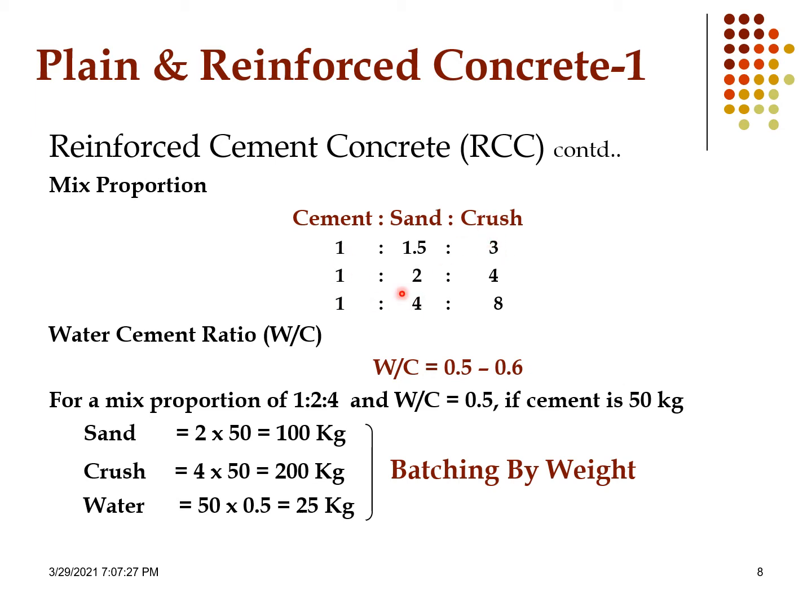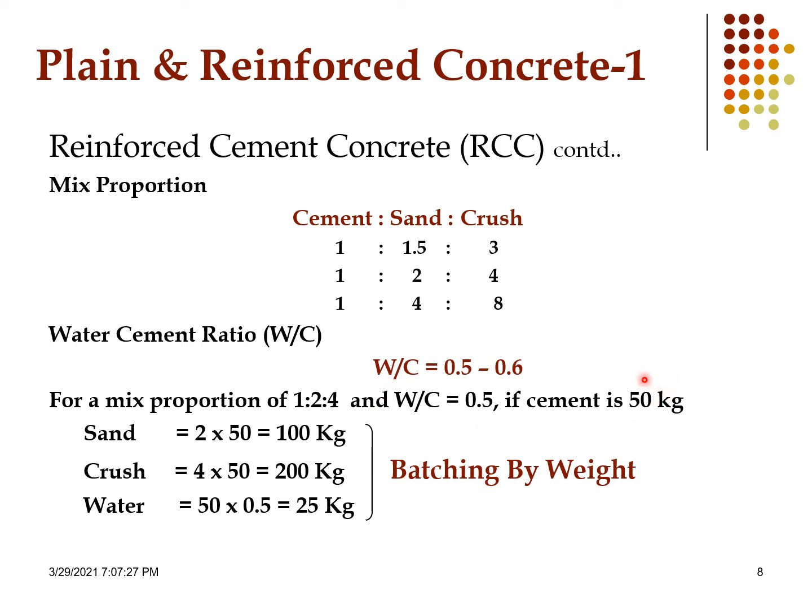So if I say 1:2:4, it means one part of cement mixed with 2 parts of sand and 4 parts of crush. Similarly, if I say 1:4:8, it means one part of cement mixed with 4 parts of sand and 8 parts of crush.